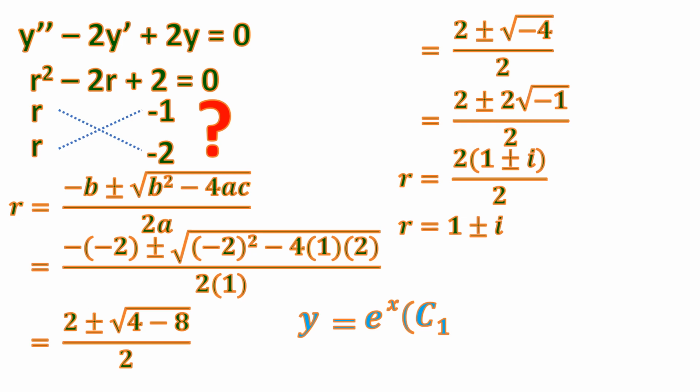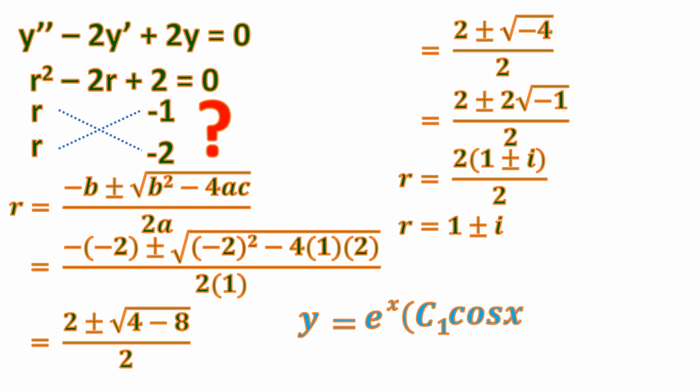So it's x because the real part of this complex number is 1. It's 1 plus minus i, so it's 1. That's why you put e raised to the power of 1x, but you don't need to write 1 in x. And then times c sub 1, which is the constant, cosine x.